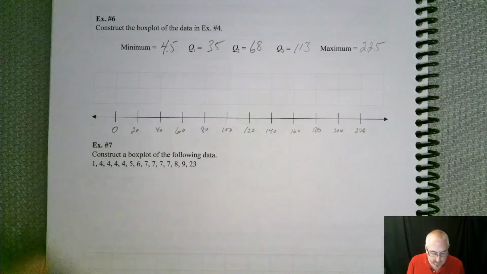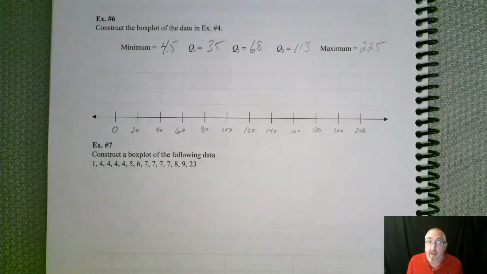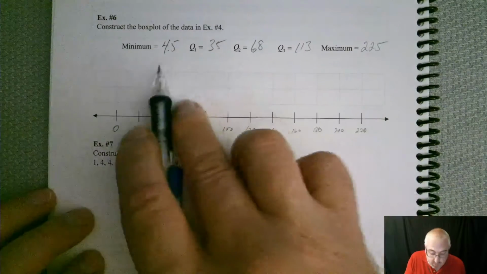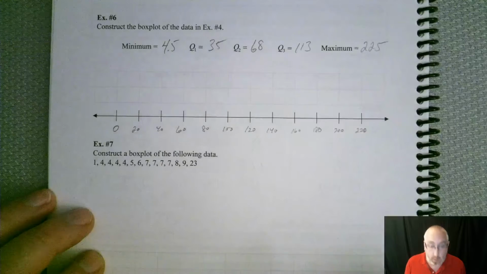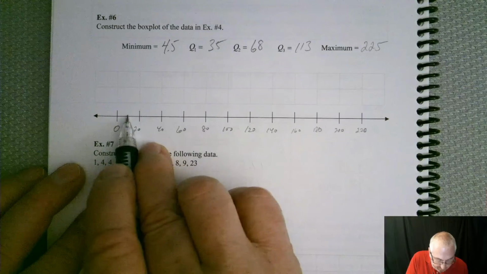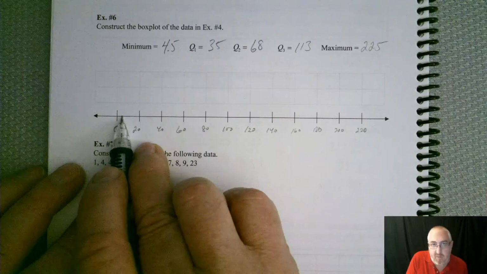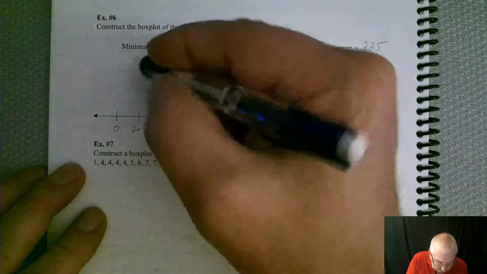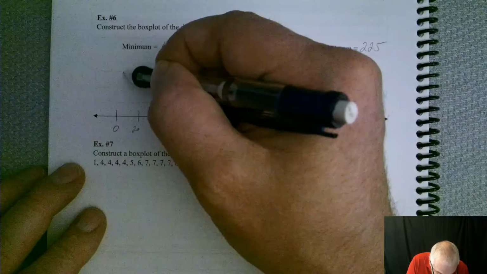So we'll be okay. Once you have that, now you're just drawing lines that correspond to your 5 key points. So 4.5, well, halfway would be 10. Half of that is 5, which is pretty close to 4.5. So about a quarter of the way.